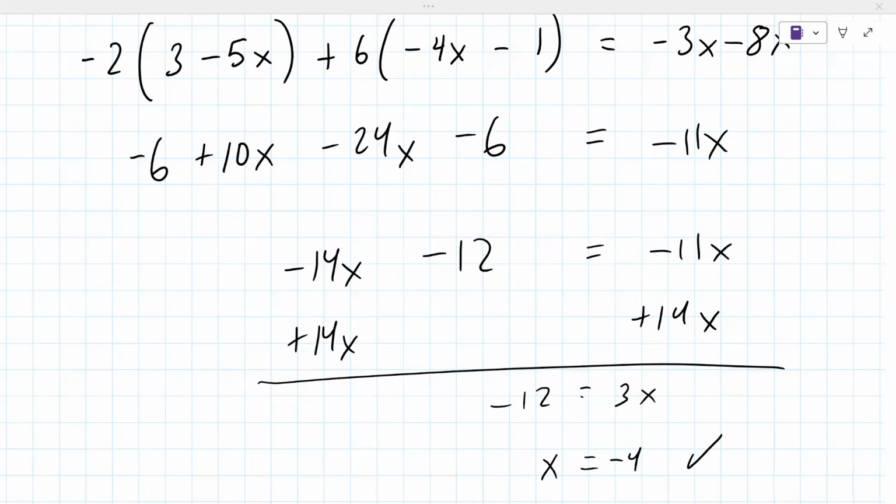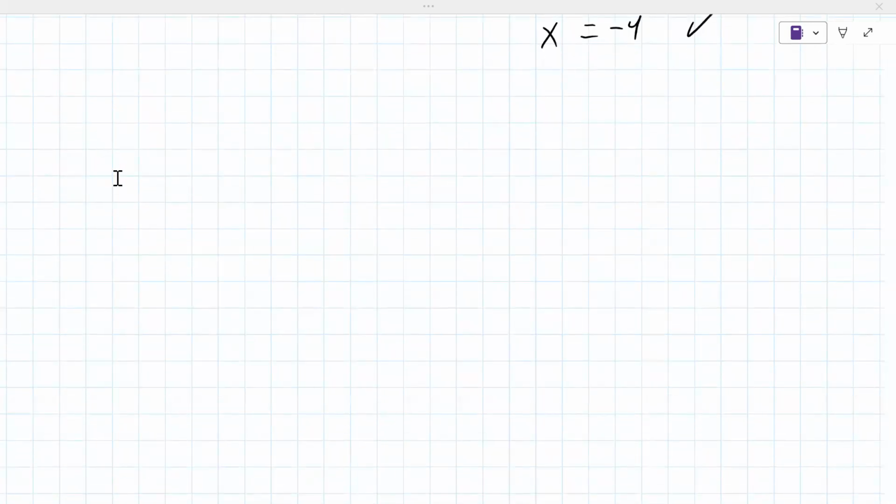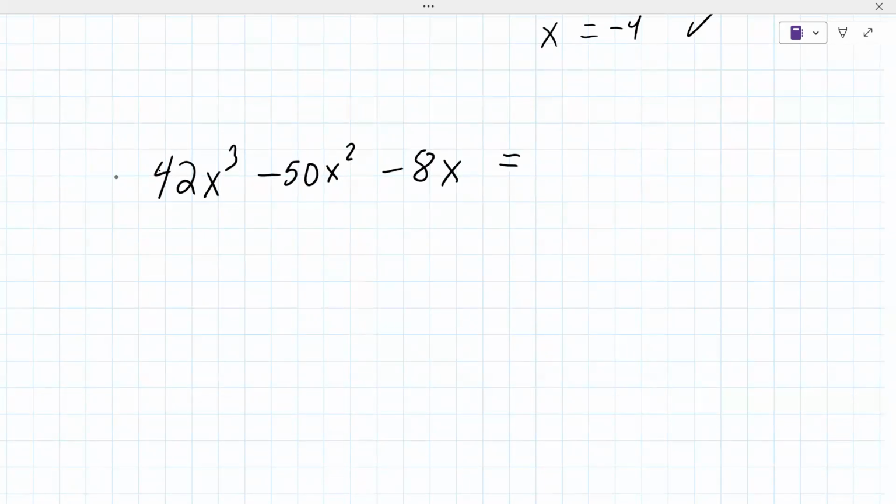So here's your one like that one: 42x cubed minus 50x squared minus 8x equals 0. This one is the exact same steps as the one that I guided you through.